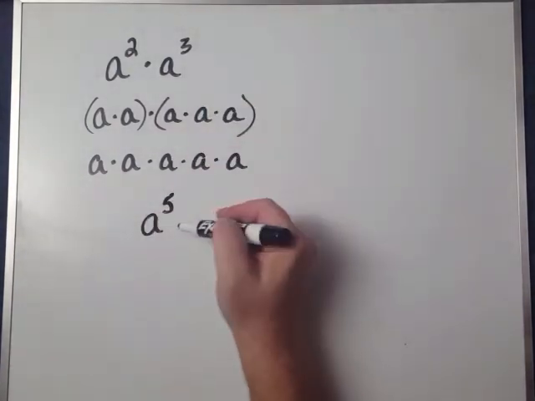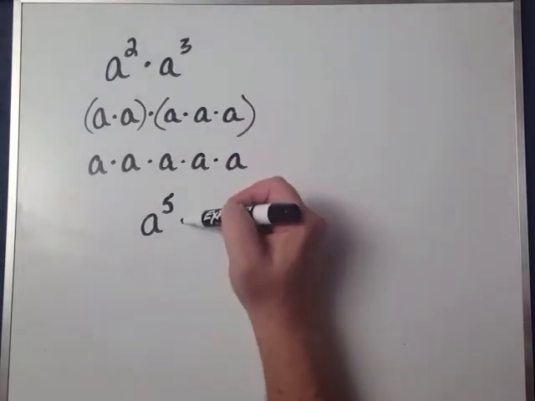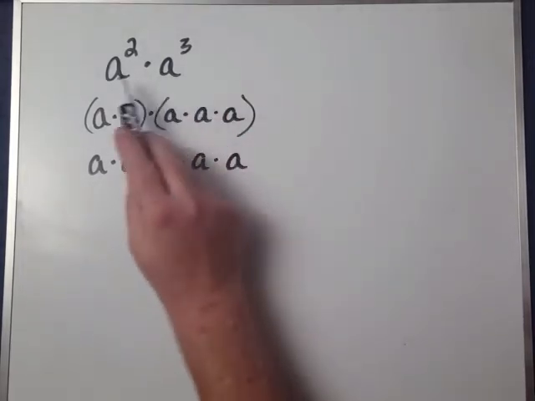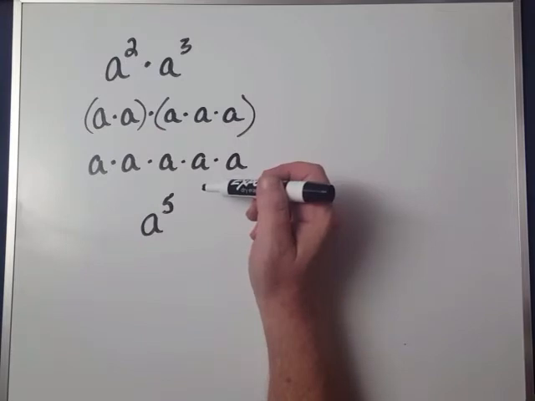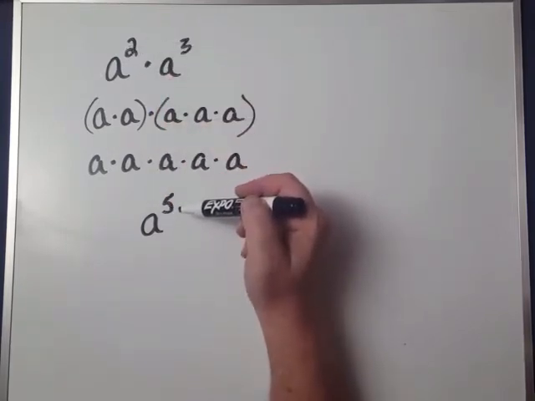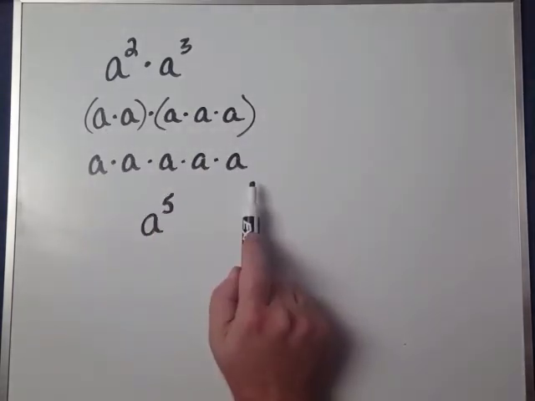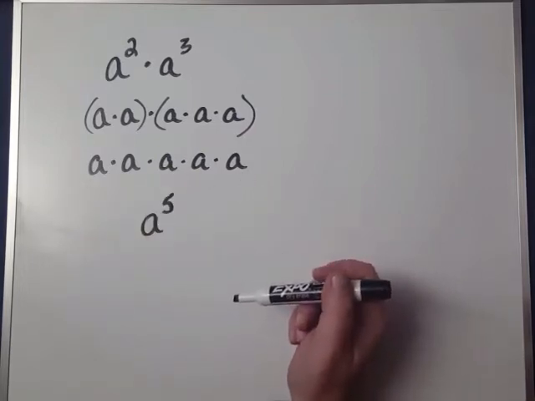Now look at the top, look at the bottom. What appears to have happened to my powers when I multiplied these like bases? It looks like we added 2 plus 3 is 5, and that's exactly what we did, because we're counting up how many total factors of a there are in this expression. There are a total of 5 factors of a to the 5th.